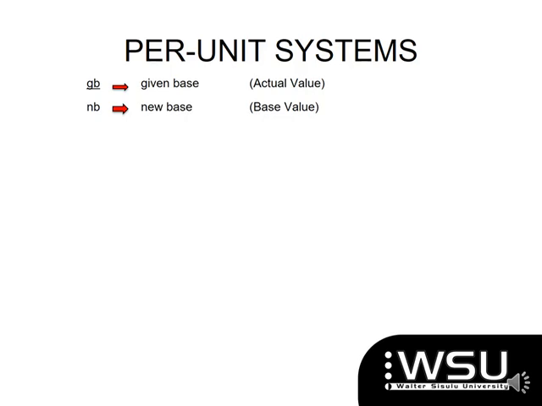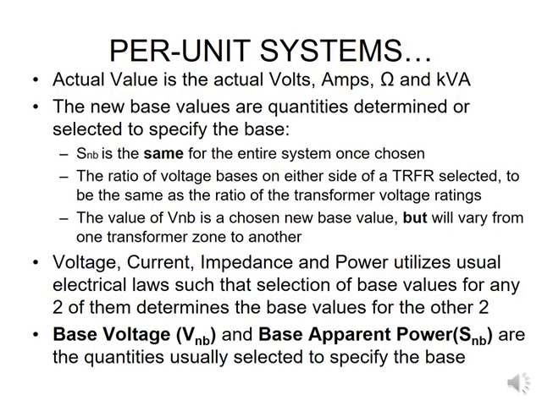And NB is the new base, which is the base value that we must utilize in order to convert everything that we have into the new per unit value. You will have noticed from the previous slide that I didn't take everything that was in your notes. You need to go to your notes for studying of the formulas. I just wanted to give you what GB and NB stand for.